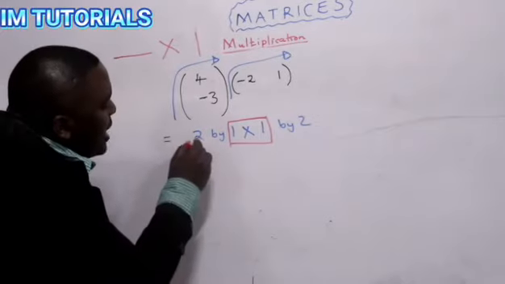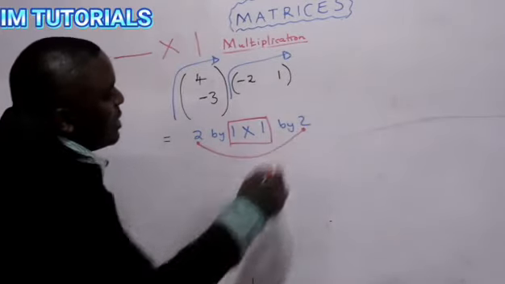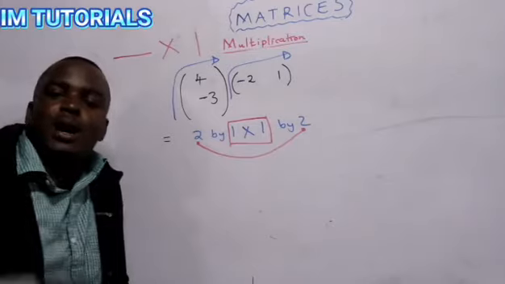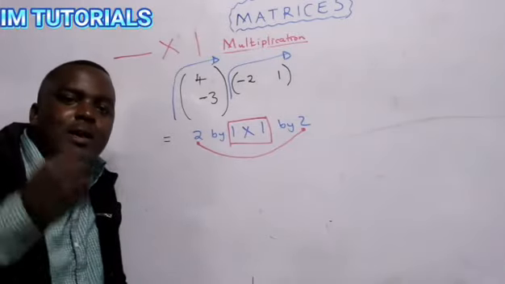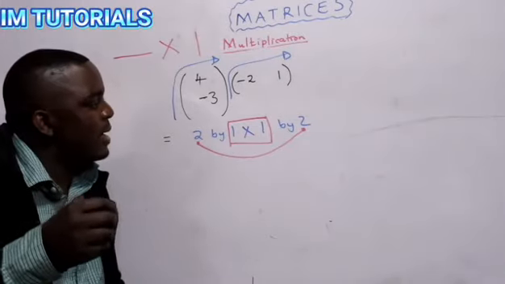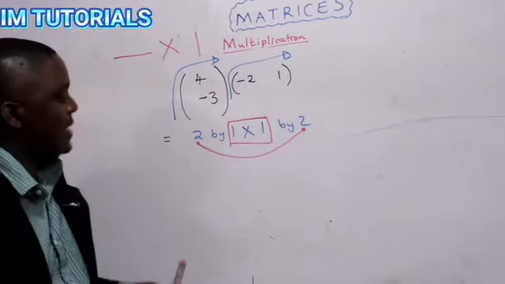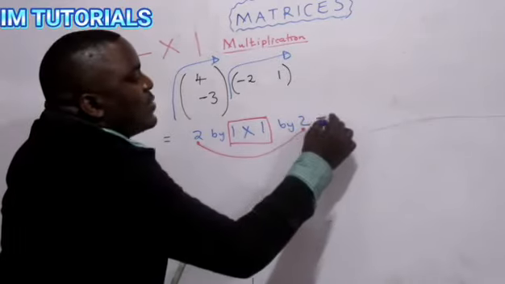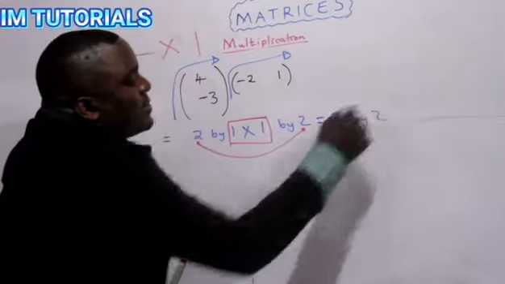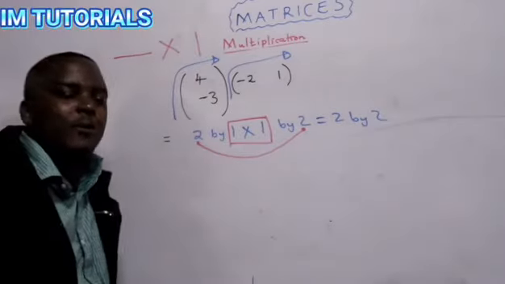Right, but the first number and the last number determine the output. They determine the result of the final answer. So our final answer is going to be a 2 by 2 matrix. I hope you are following class.